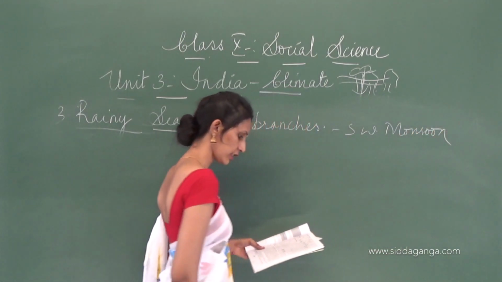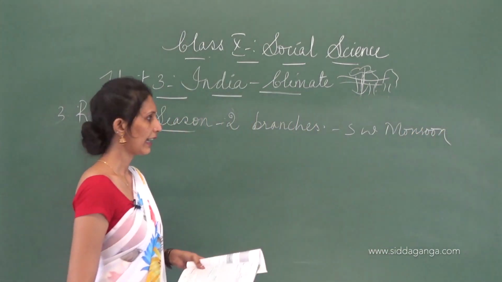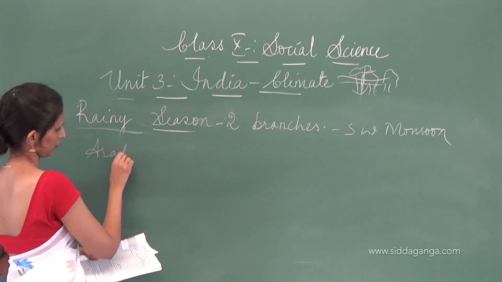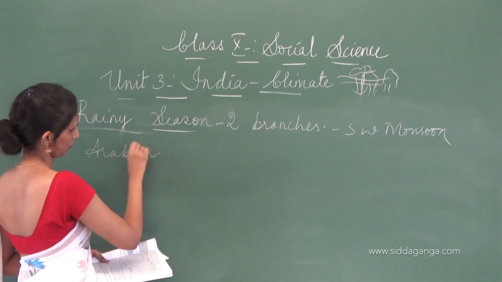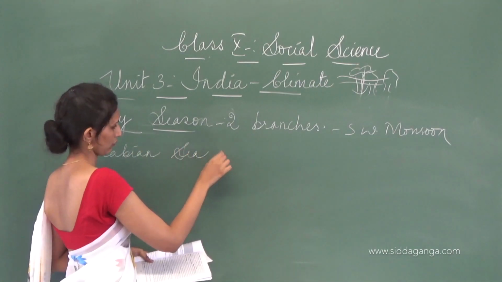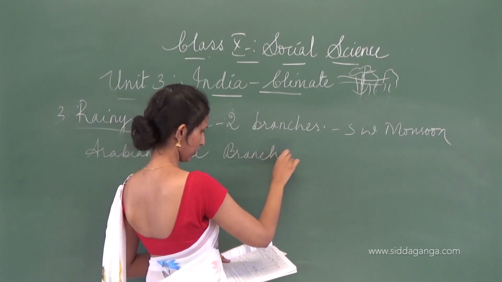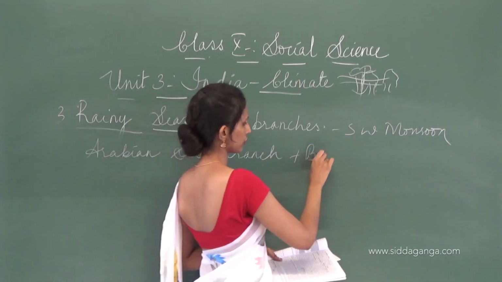Two branches in the southwest monsoon, that is the Arabian Sea branch and the Bay of Bengal branch.